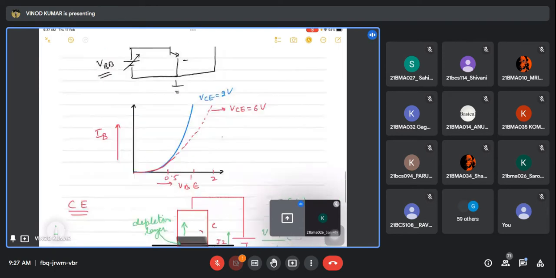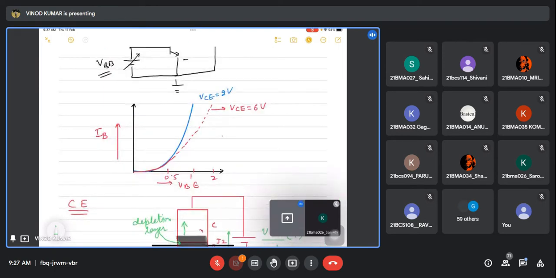That's why, if you see here, as we are increasing this, base current is going to decrease. The curve is turned on, or this device is going to turn on late.